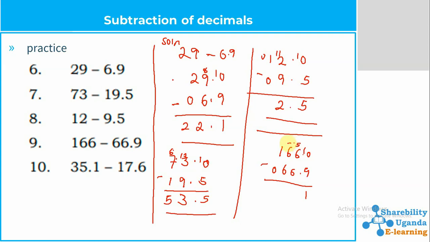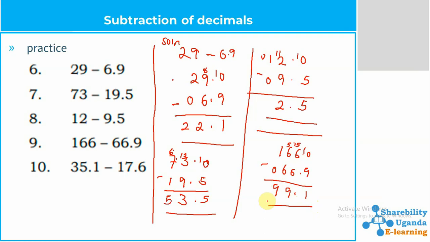We borrow 1, this also becomes 15. So 15 minus 6, we get our answer 9. And then also this is 5 minus 6, impossible, so we shall also still get 9. Then this should be a point. So that is how we are working out our numbers.